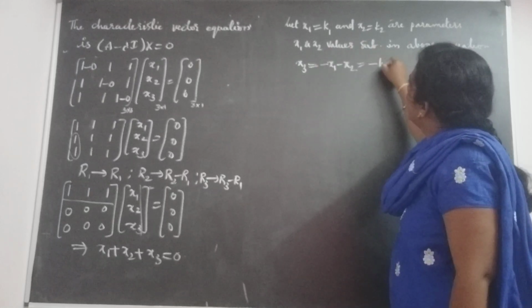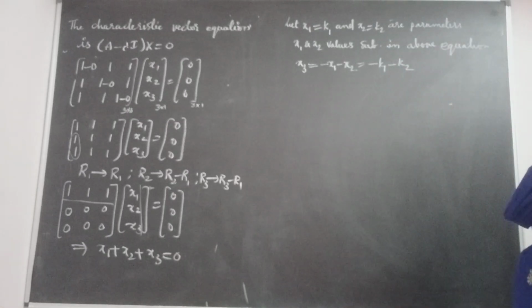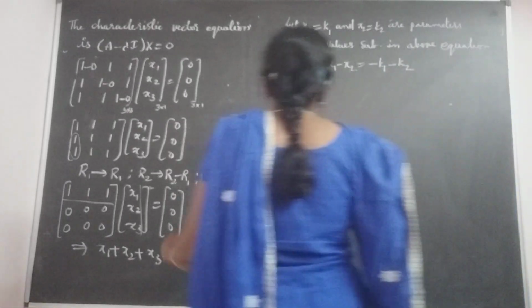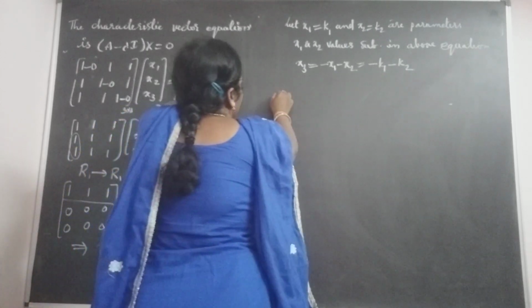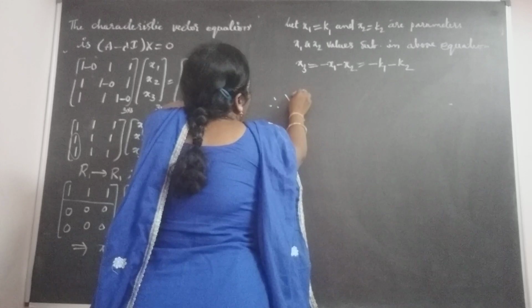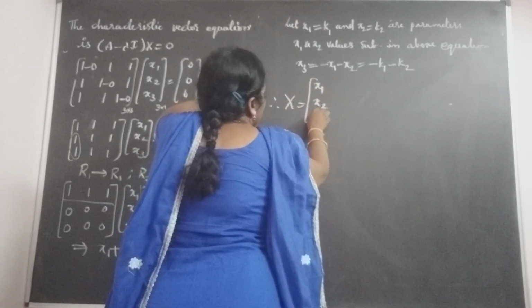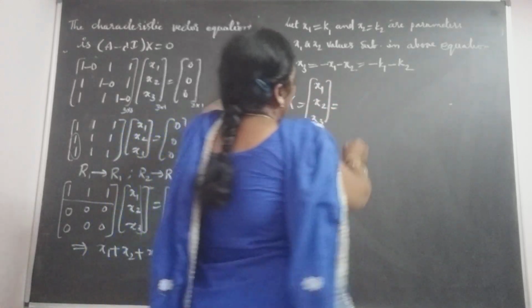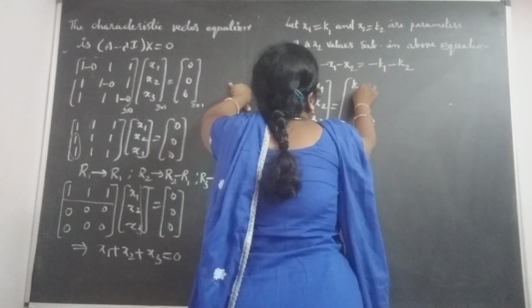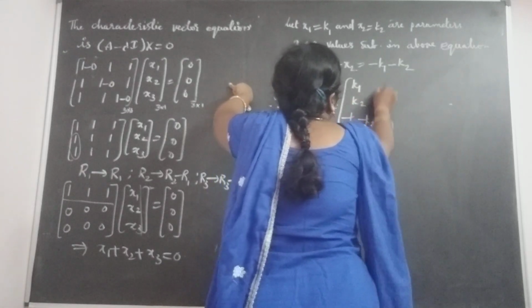x1 is k1, x2 is k2. Therefore, x3 is minus k1 minus k2. Therefore, the eigenvector with variables x1, x2, x3 has values k1, k2, minus k1, minus k2.